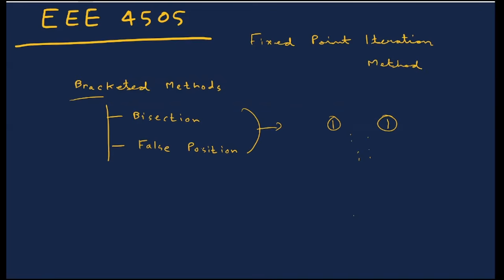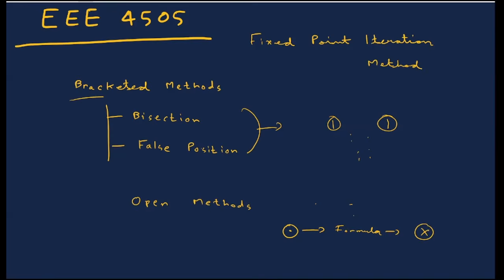Now we want to move our discussion towards open methods. In other words, in this type of numerical method, we would not start our approximation with 2 points. Rather, we will start our approximation with 1 point, and then we will run a formula that will give us another iteration, and then we will get another point or another result.